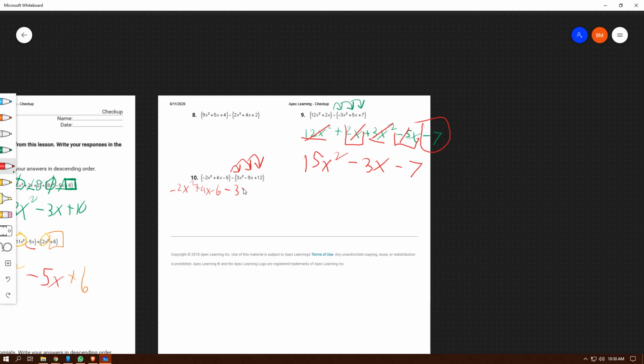This is a negative 3x squared, but negative 1 times negative 9 is going to be a positive 9x. Negative 1 times positive 12 is going to be a negative 12. So we got negative 2x squared and negative 3x squared, so that's a negative 5x squared. 4x and 9x is 13x. Negative 6 and negative 10 is negative 16.